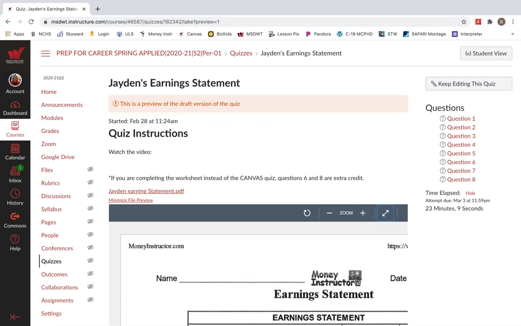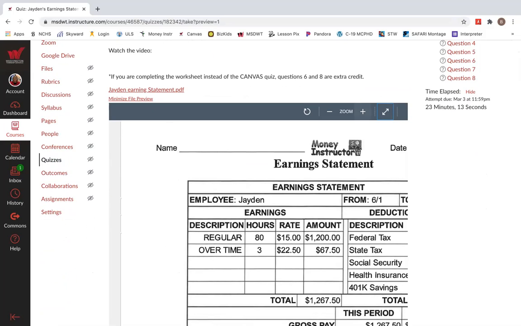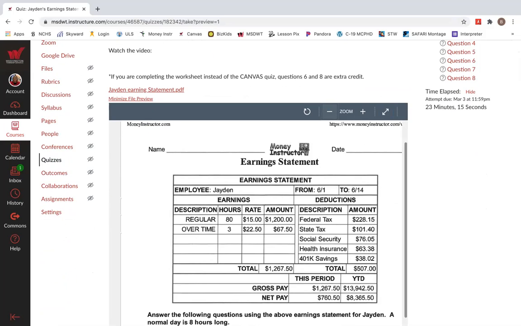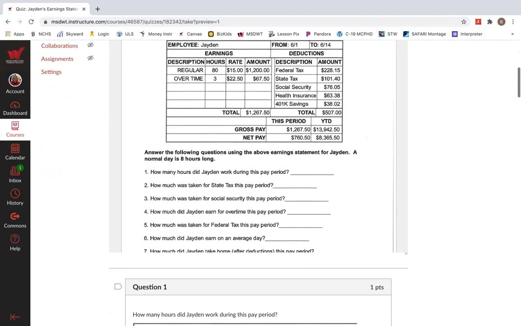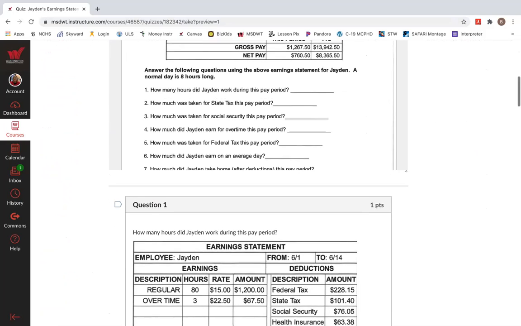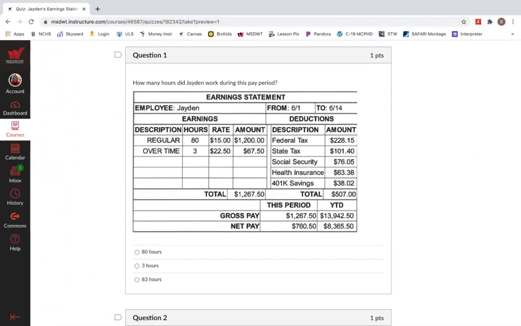All right. So now let's answer some questions. I want you to look at this pay statement, this earnings statement, and answer some questions. These earning statements are just basically a summary. It's a document. You get a document, whether it's online and you print it off, or you get a physical copy with your paycheck.